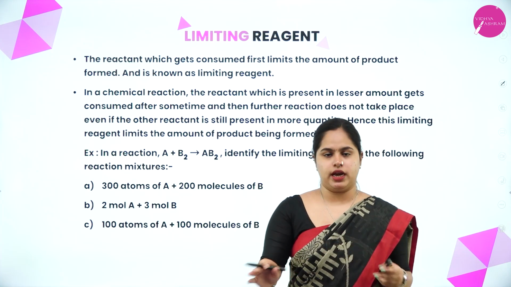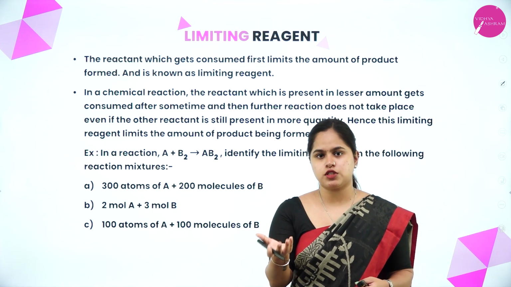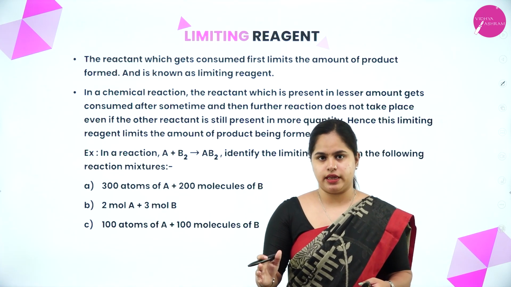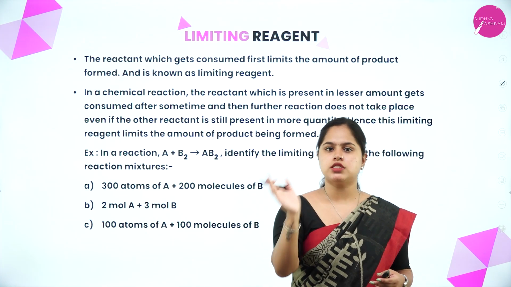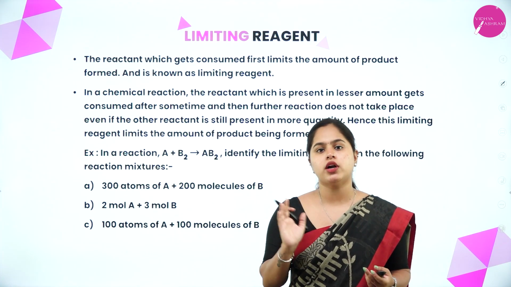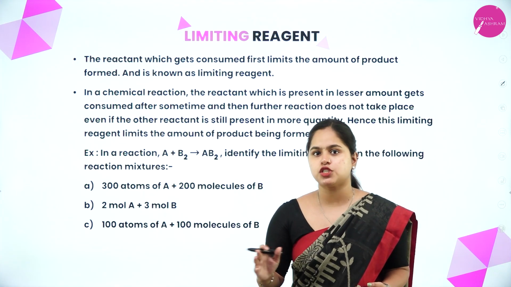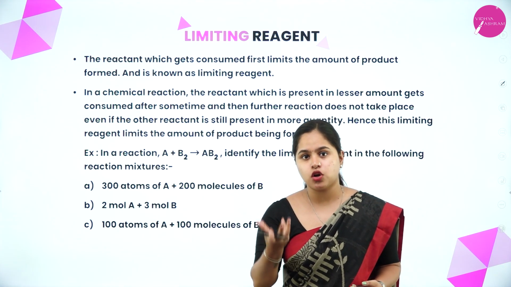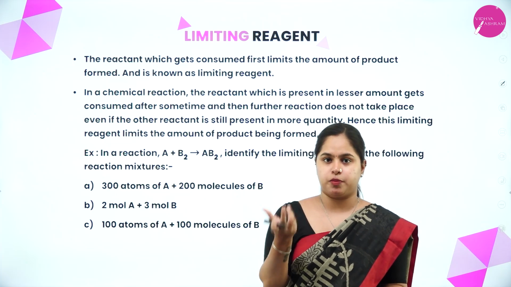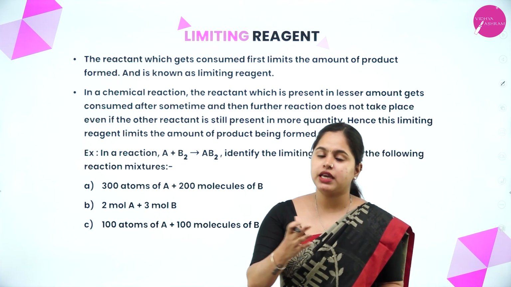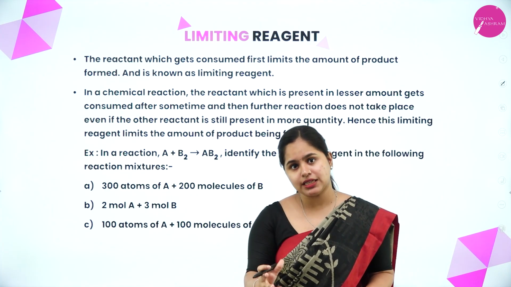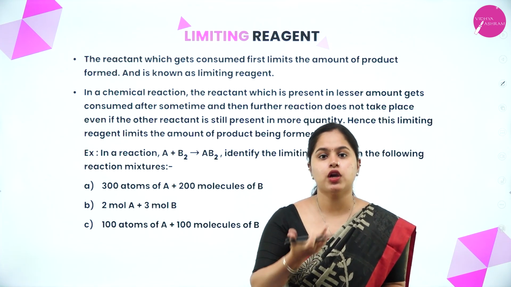So now there is no such reactant; only the reactant which was present in more amount is there. So your chemical reaction will stop happening. Because of the lesser quantity present, the reaction stops. That particular reactant is called the limiting reagent.